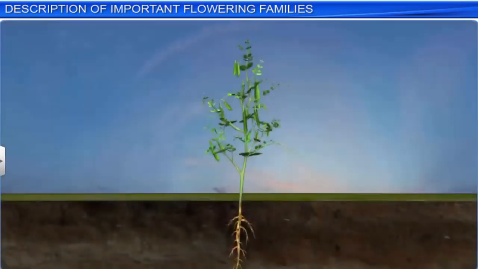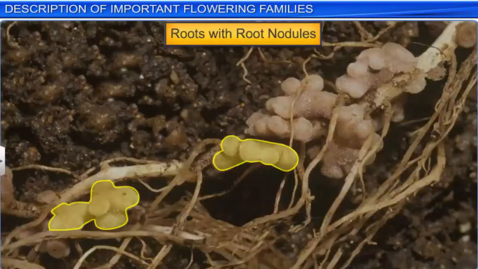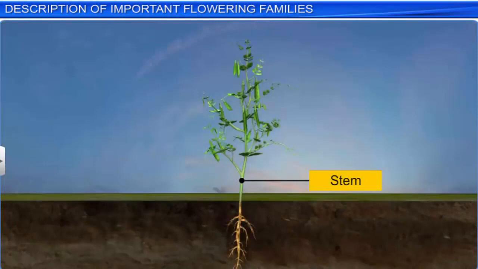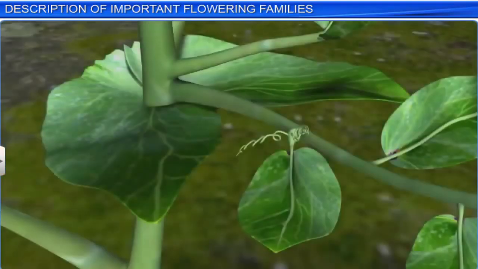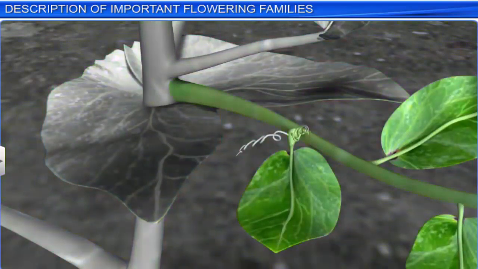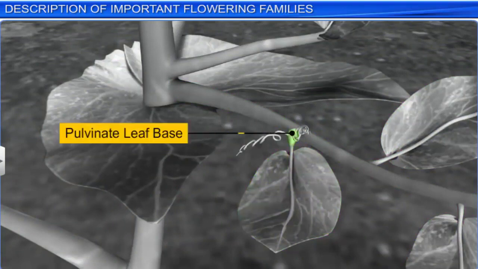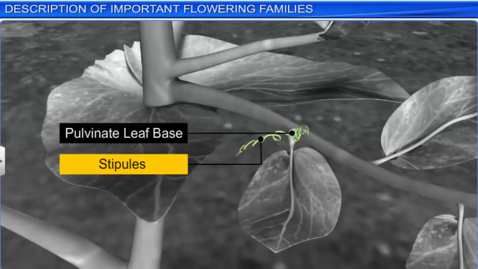The roots of these plants have root nodules, and their stems are erect or are climbers. Their leaves are alternate and may be simple or pinnately compound. Moreover, the leaf base is pulvinate with stipules, and the leaves have reticulate venation.